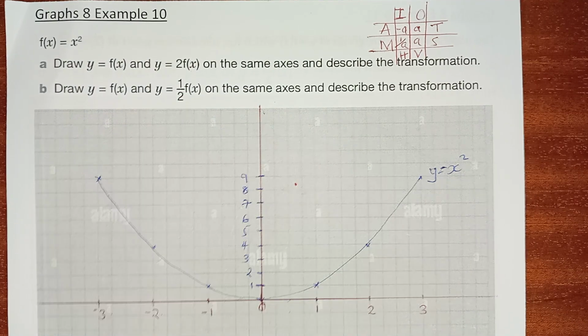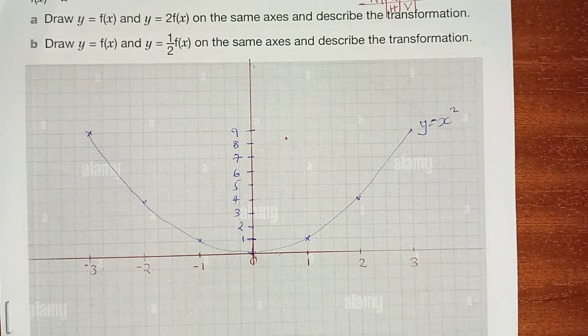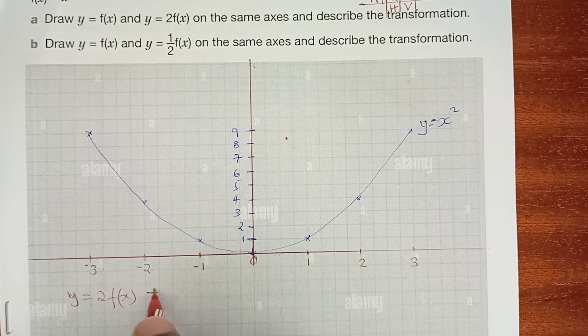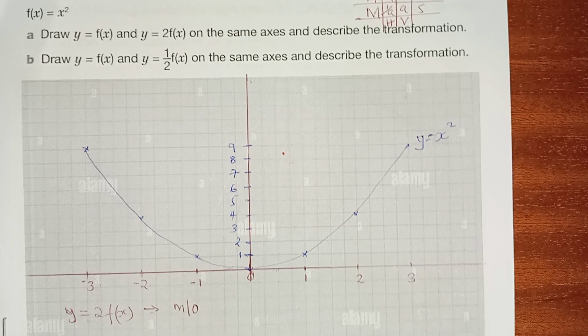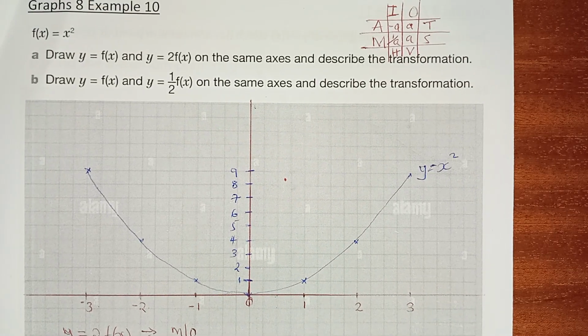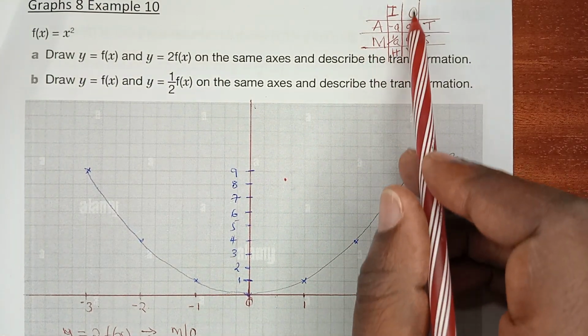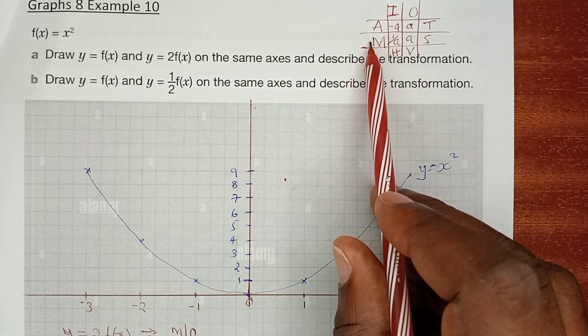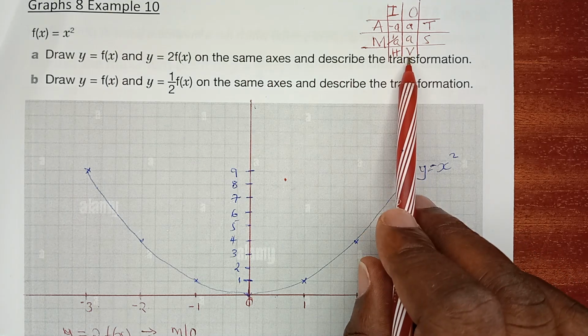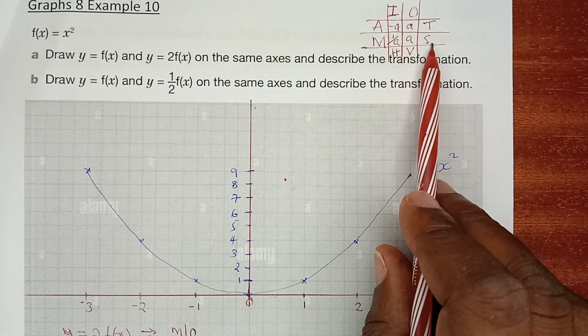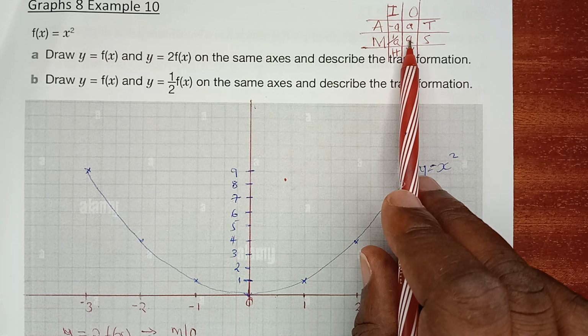Let us see what happens in such a case. y equals 2f(x). This is multiplication outside, and according to Mayo, multiplication outside is a vertical stretch of scale factor 2.